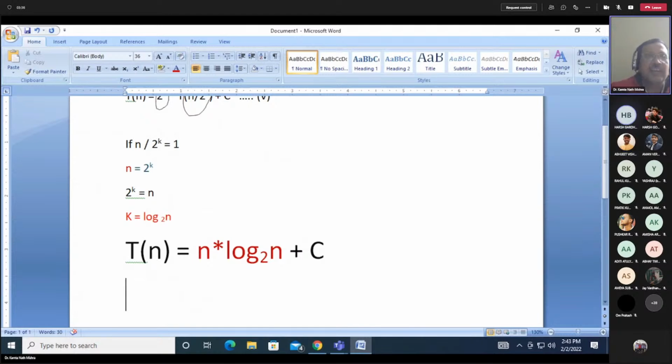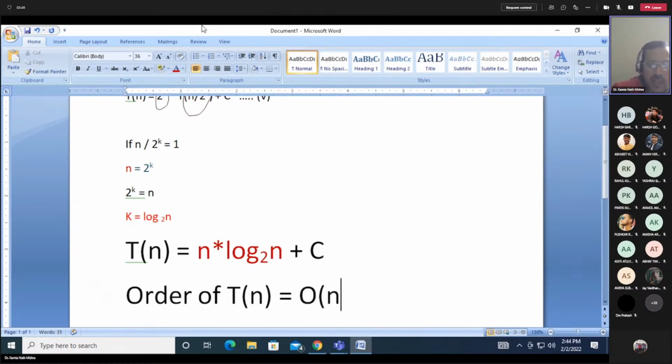It means that the order of function Tn is big O of n into log n base 2. So this is the order of function Tn. Any confusion in this solution?